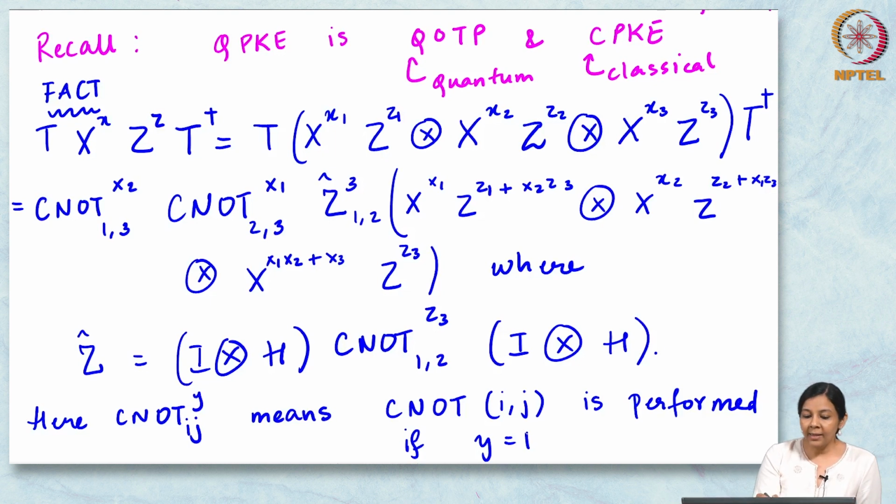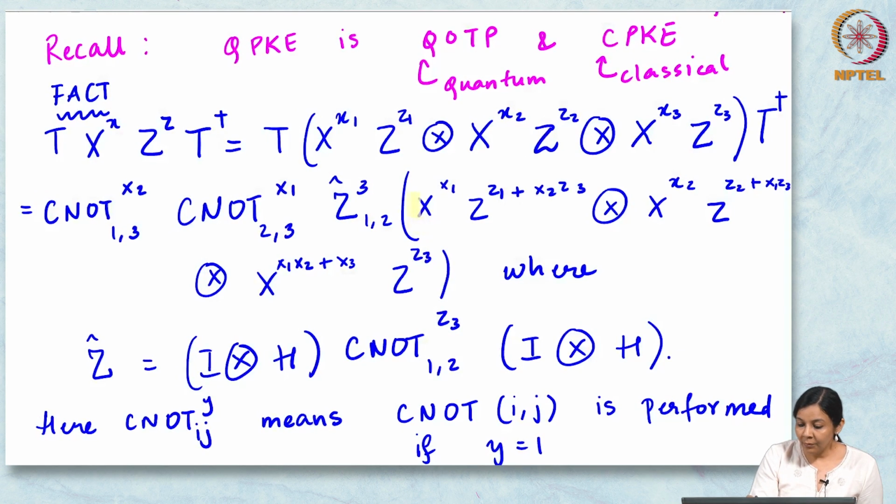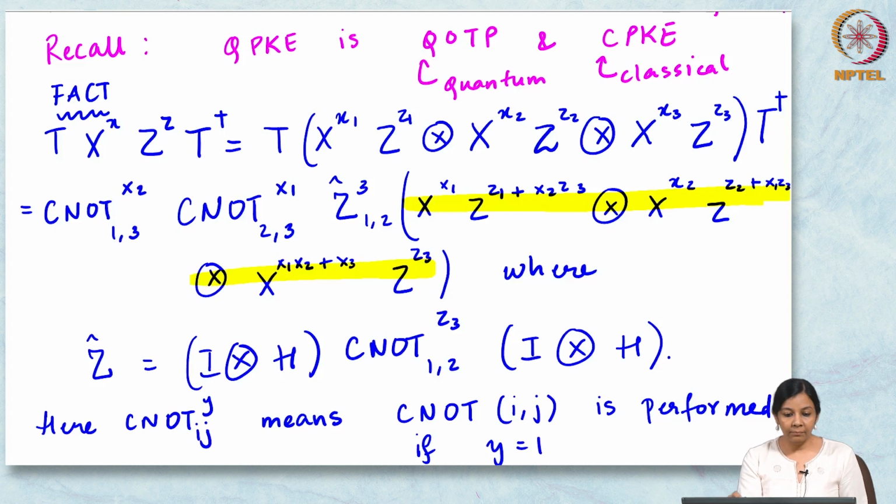I want to say that this thing inside the parentheses, this stuff here, I want to point out that this is just Pauli matrices, right, Pauli operators. Similarly, this H is just a Hadamard, so it is a Clifford gate.